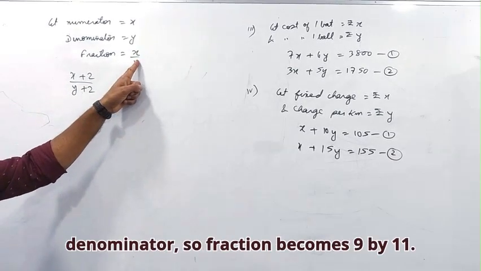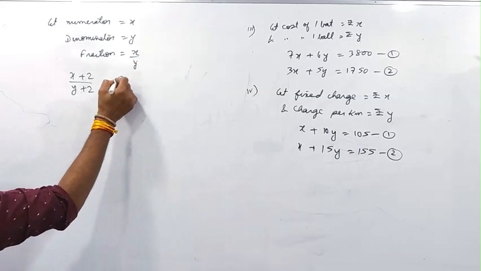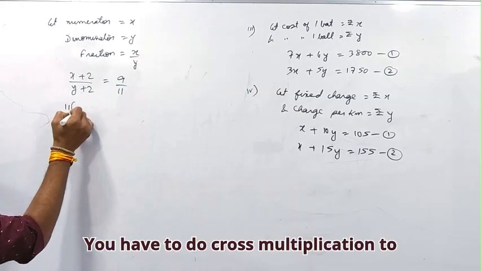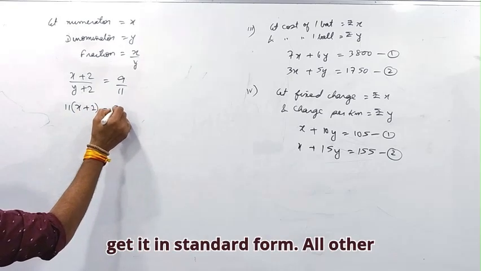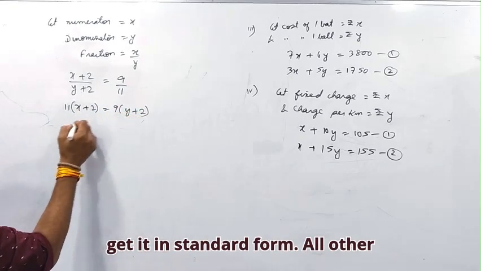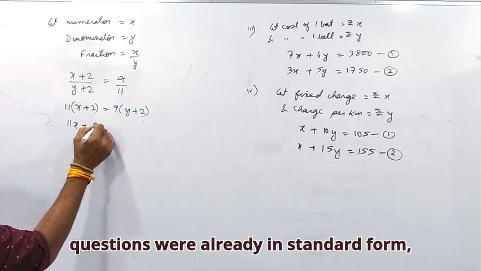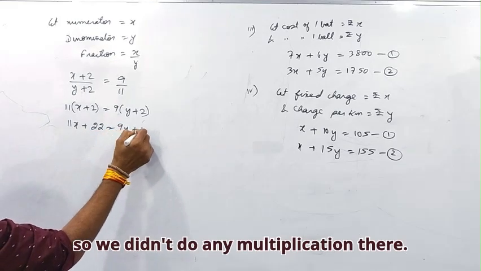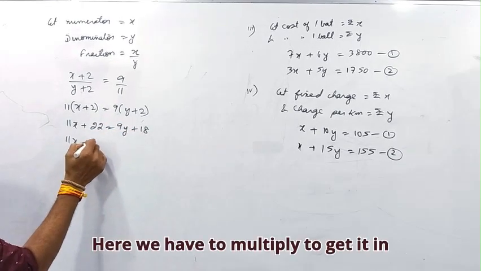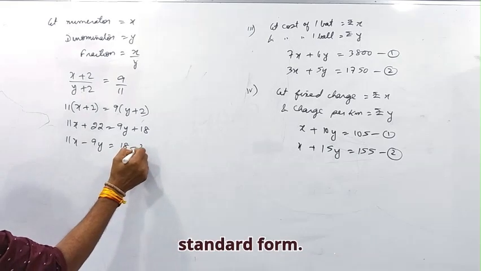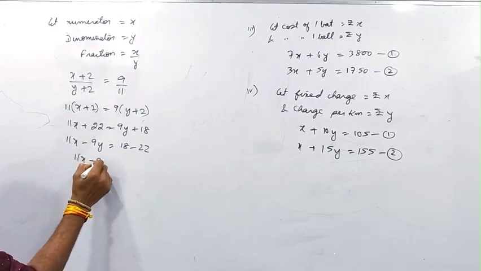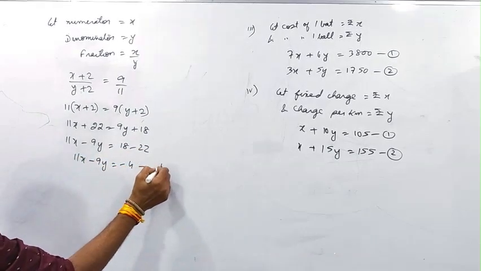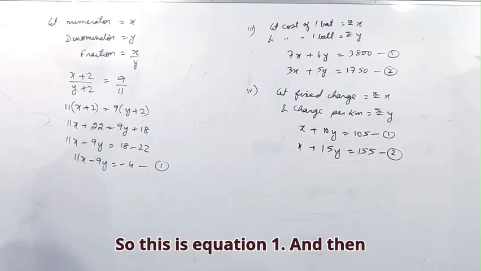So the fraction becomes 9 by 11. You have to do cross multiplication to get it in standard form. All other questions were already in standard form, so we didn't do any multiplication there. Here we have to multiply to get it in standard form. So this is equation 1.